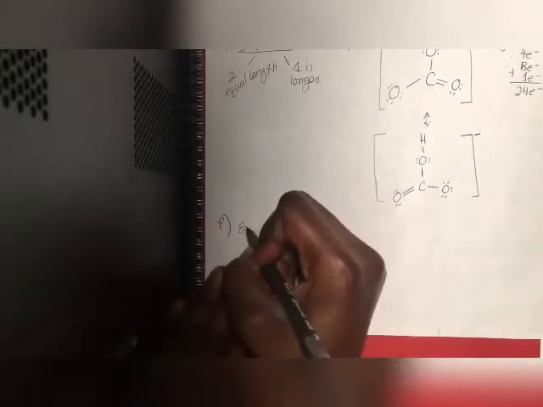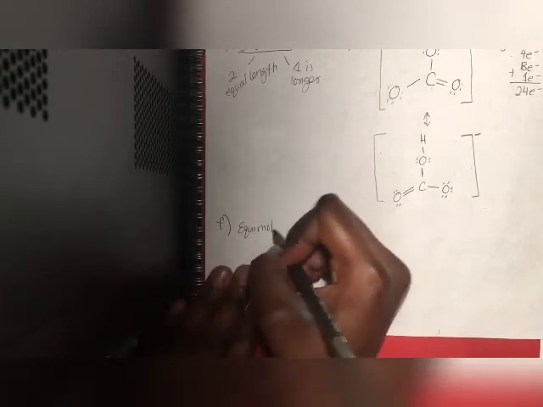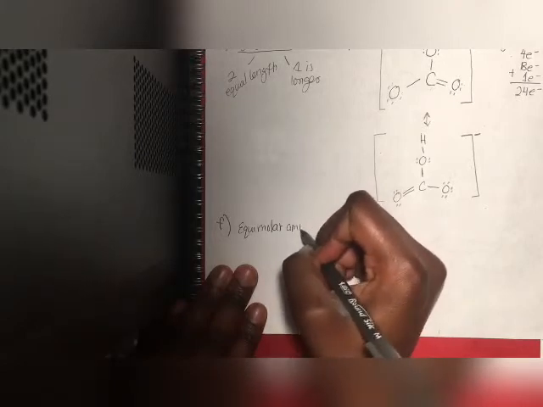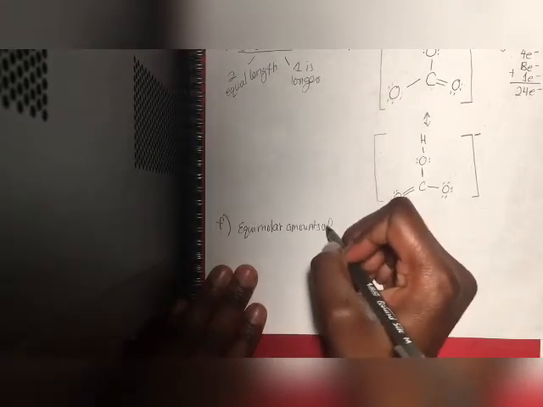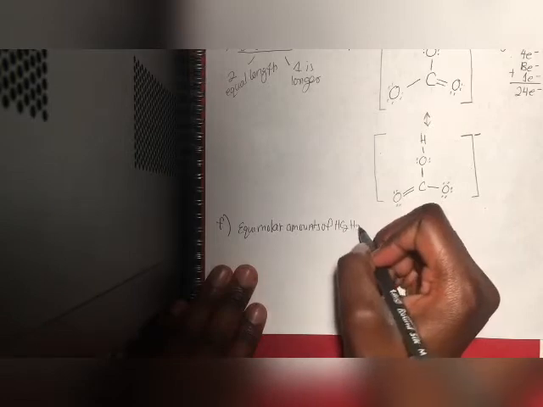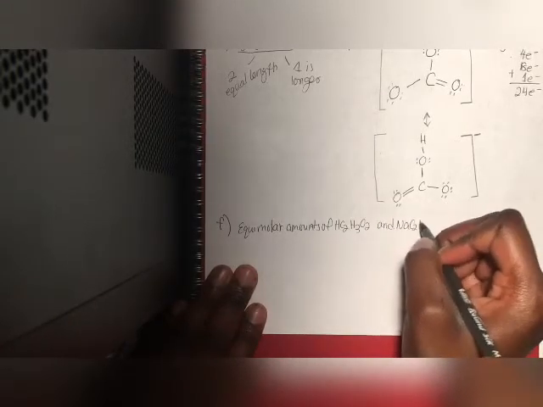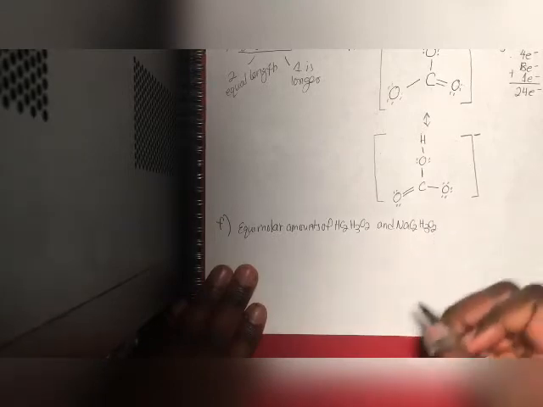We have equimolar, meaning equal molar amounts of HC2H3O2 and NaC2H3O2.